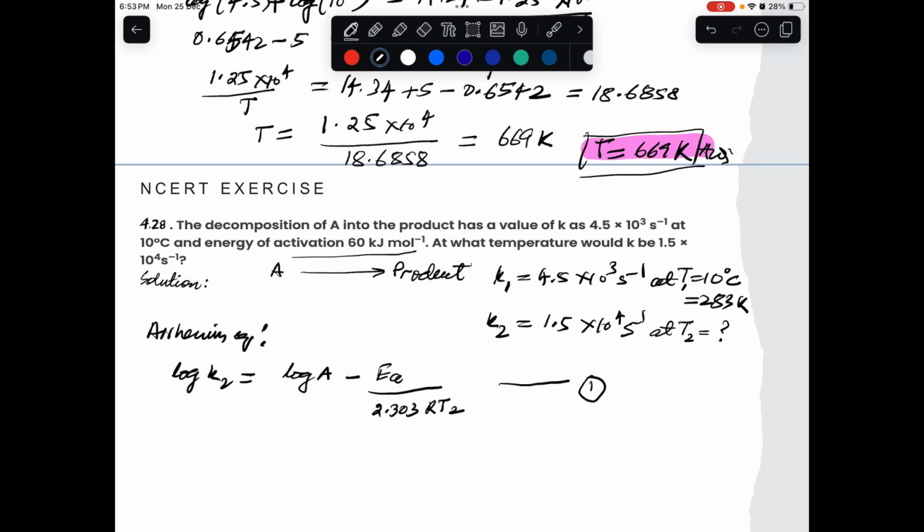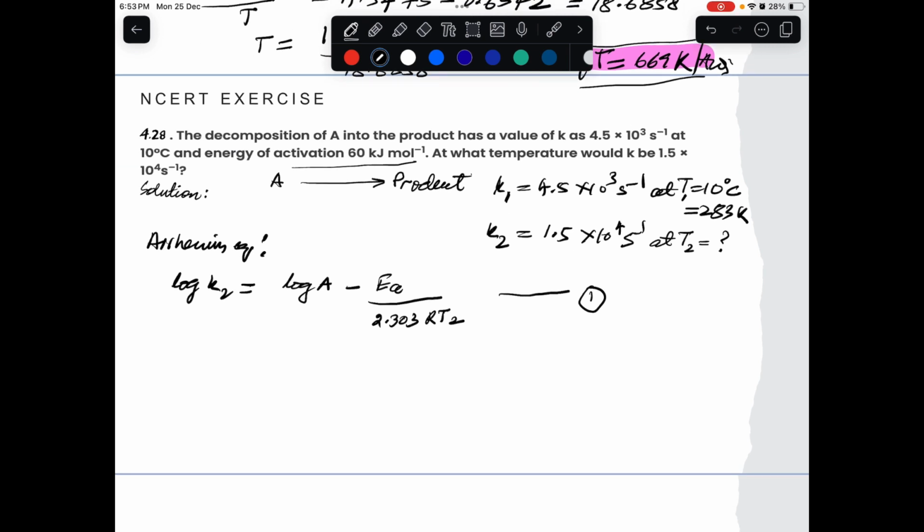Now similarly we will write down one equation for the first rate constant also, which is log K1 is equal to log A minus EA divided by 2.303 R T1. This is equation number 2.